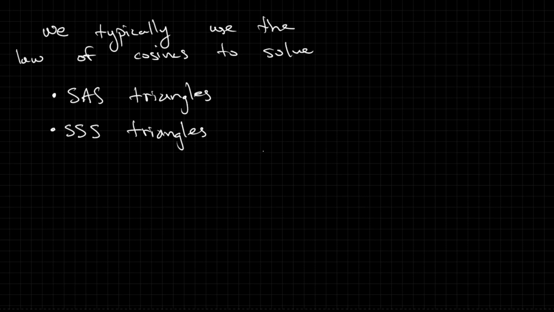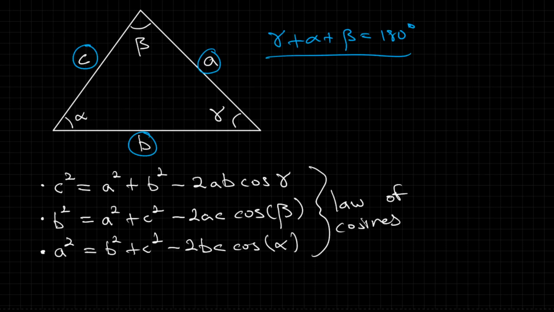Now, we do not use the law of cosines when we have only one side given. So any triangle in which you're only given information about one side, you will not be able to solve using the law of cosines. And I'll also remark that for triangles where you're given two sides and an angle that's not in between those two sides, you can technically use the law of cosines to solve this type of triangle.